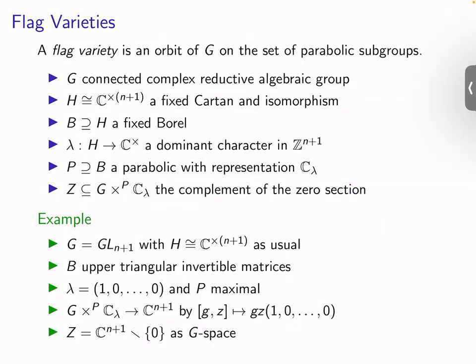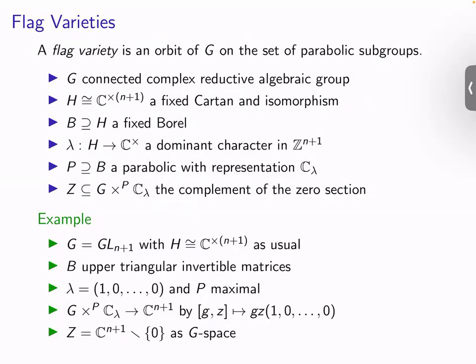There's a proper map from this line bundle to the standard representation of GL_{n+1}, where the scalar in the C_lambda scales a vector, and then G is really acting on the left by column vectors. It's just matrix multiplication if you think about columns.